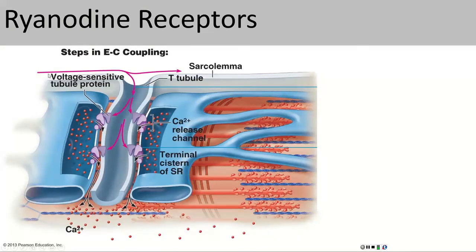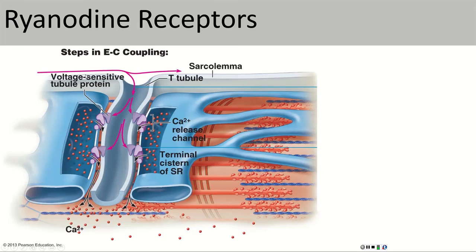But inside the T-tubule, remember, we have the sarcoplasmic reticulum, the terminal cisternae of the sarcoplasmic reticulum, held to the T-tubule to make a triad.